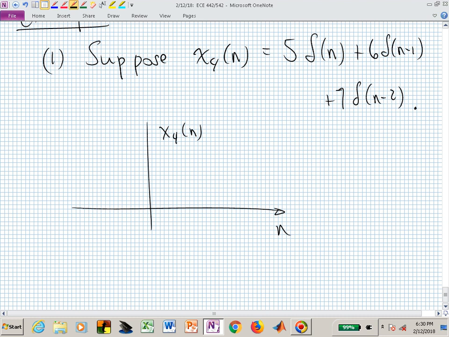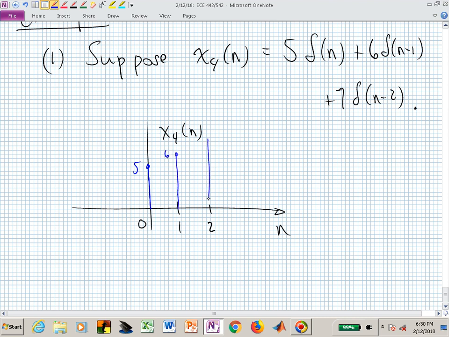5 delta of n, 6 delta of n minus 1. This is only going to be on at 0, 1, and 2. It's going to be 5 here. It's going to be 6 here.